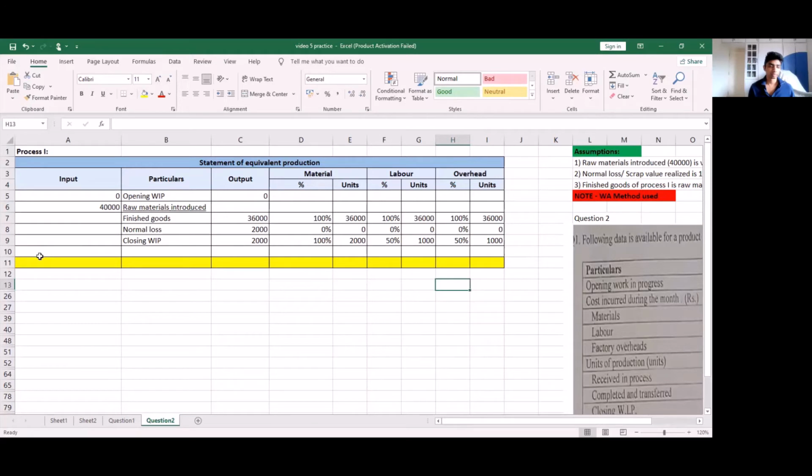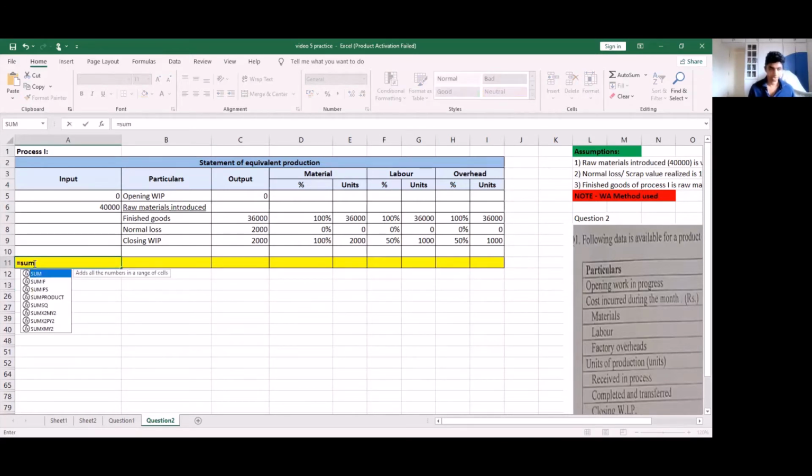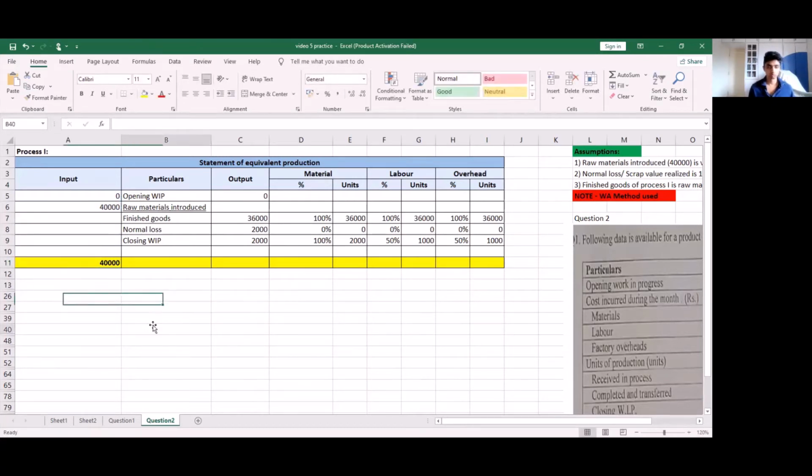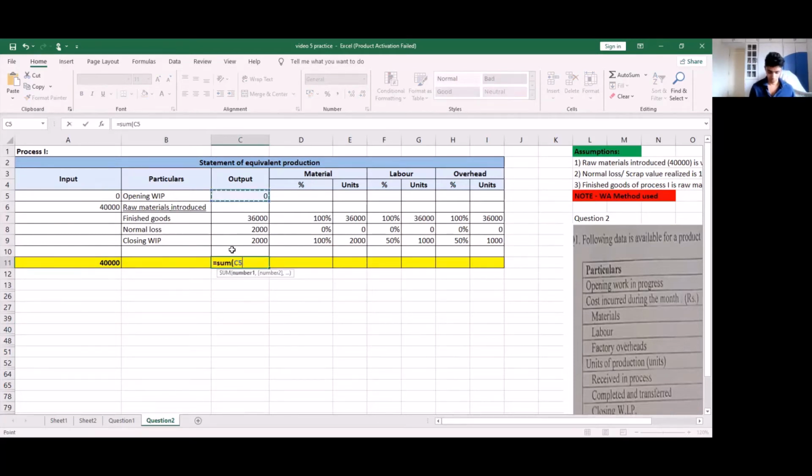Let's total our input and output columns to see if we have an abnormal loss or an abnormal gain. On our input column, we get a sum of 40,000. And in our output column, we also get a sum of 40,000. Since our input column and output column values are equal, there is no abnormal loss or abnormal gain. So our statement of equivalent production is completed.